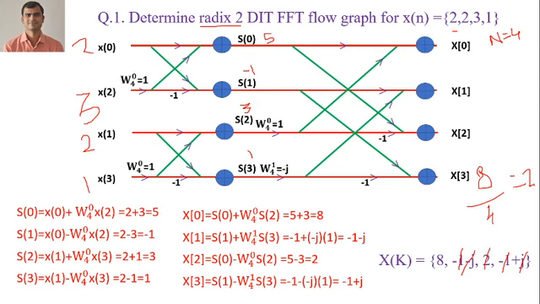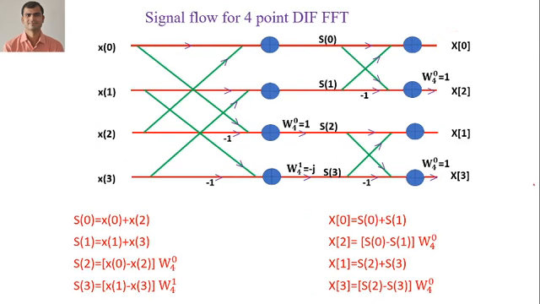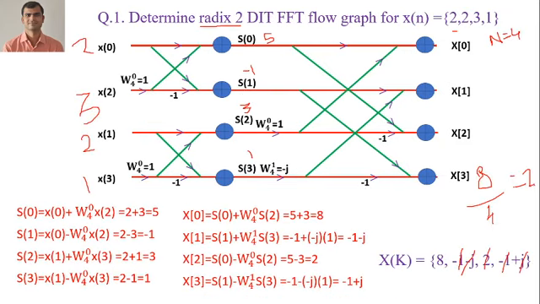Now there is a basic difference between DIT and DIF. So let me tell you that first. For DIT, the input sequence is in bit reverse order, and the output sequence is in natural order.